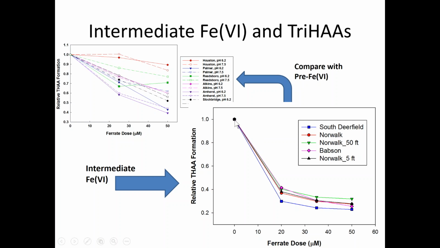But then when you get to intermediate ferrate, the percent removal can increase up to 60%, let's say. And so we're definitely much more excited about the application of ferrate as an intermediate. But it still has benefits if you do need a pre-oxidant early on in treatment as a pre-treatment as well.